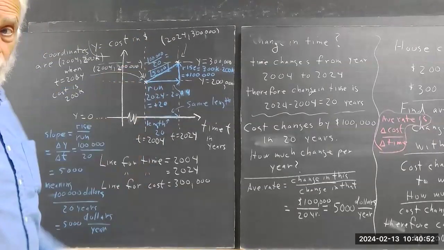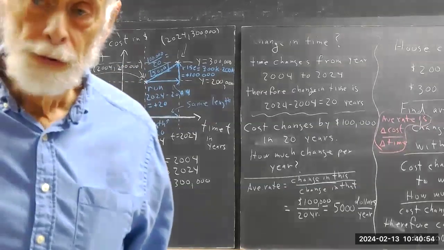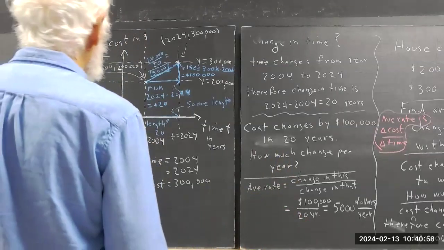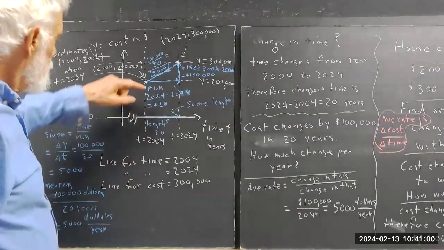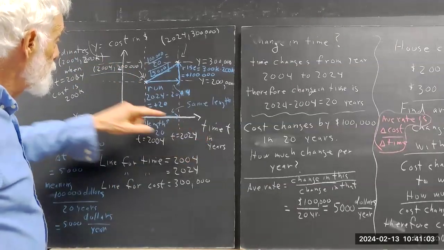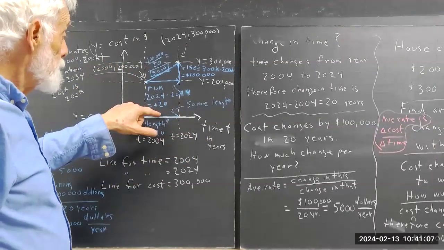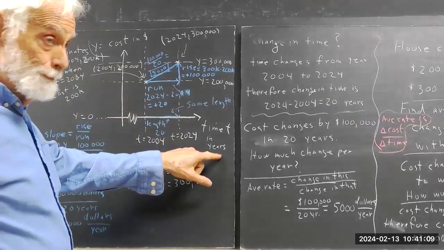Again, that's my own notation that I like to use, just to give us a picture of the slope. So that when we look at this triangle, we can immediately see that T changes by plus 20 years.